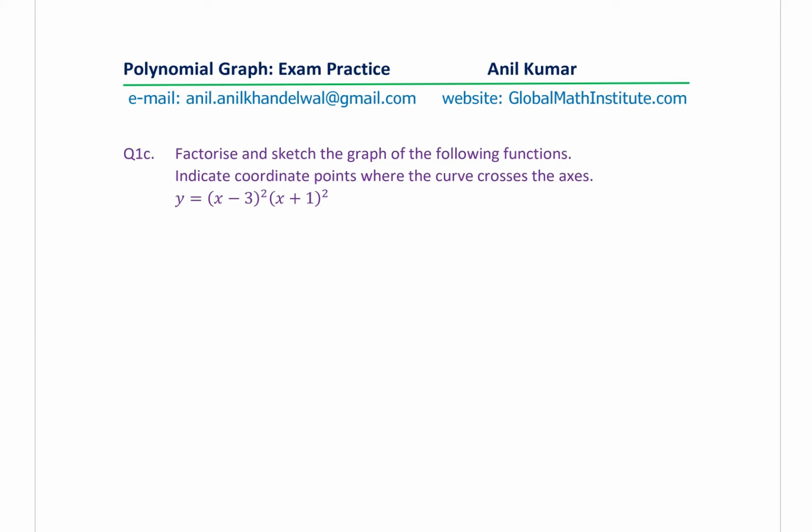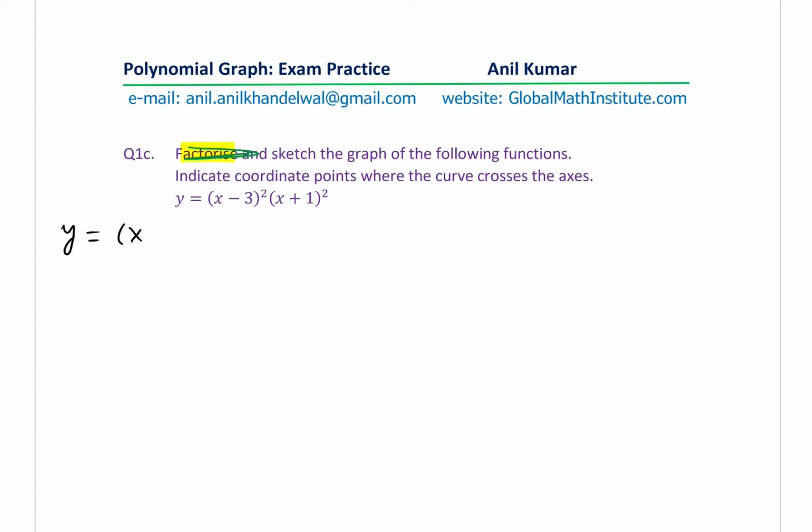It is already factored for us, so we don't have to factorize. We have to sketch the graph of the following function and indicate the coordinates where the graph crosses the axes, both x and y axes. Let's write down the equation first.